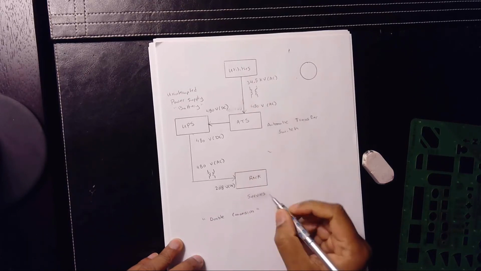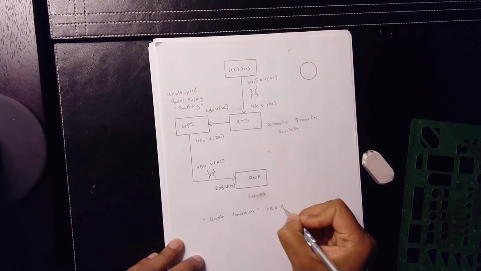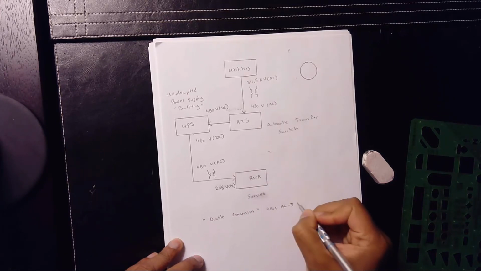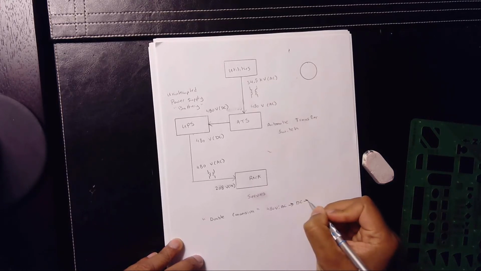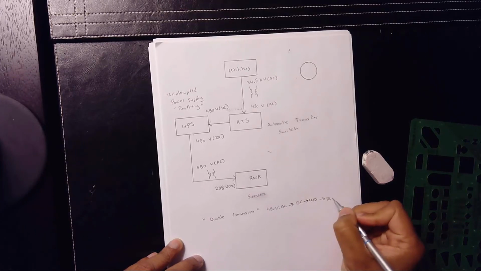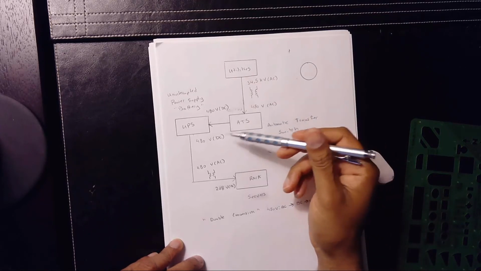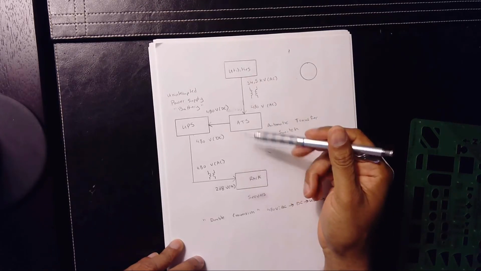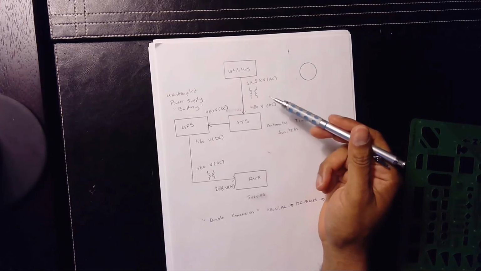And that is your 480 volts AC to DC, and I'll just put it here because it's all the same voltage, DC to UPS to DC to AC. This is so that the voltage is smooth, because you have sensitive data and you do not want fluctuation in the current.